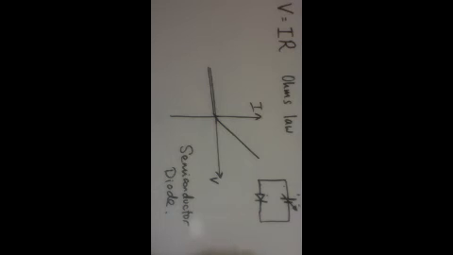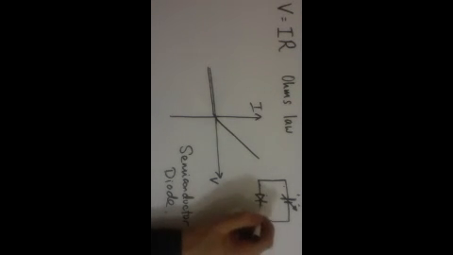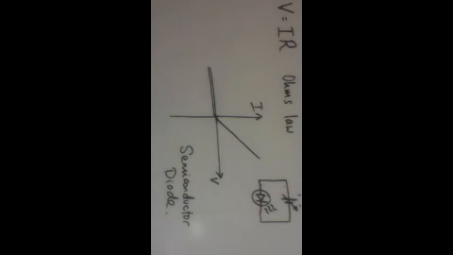Now, of course, the classic thing that you probably use all the time or see all the time is an LED, which is a light emitting diode. To make it an LED, we just put a circle around it and put some little waves coming out of it, and that's the symbol for an LED.